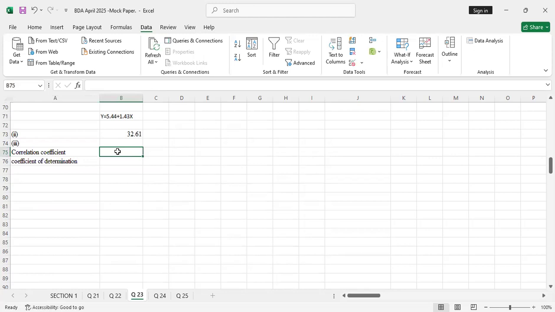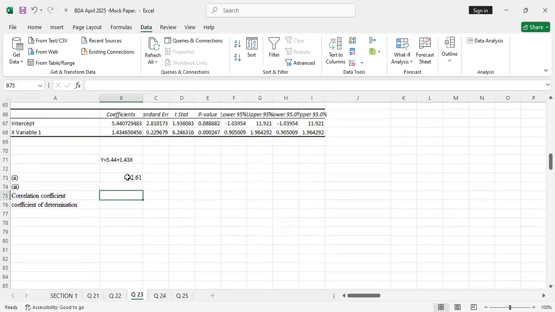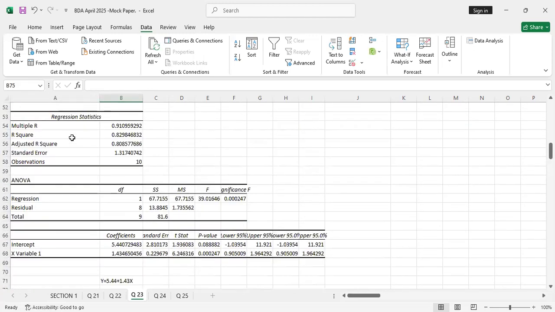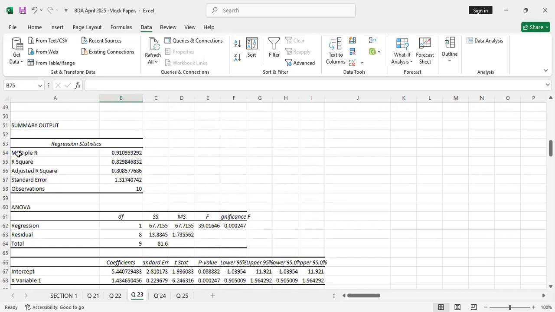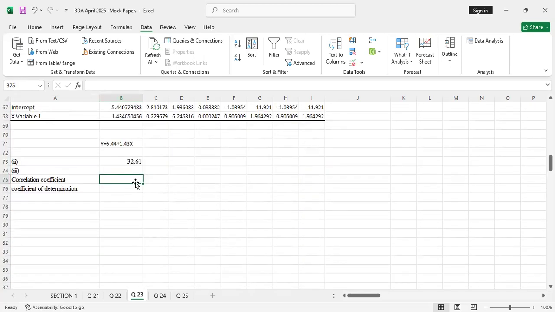So the correlation coefficient is the multiple R. When you go back to the summary, you see the regression statistics. The multiple R is what we call the correlation coefficient. In this case, it is 0.91. So just come and note it, you'll get a mark for that.